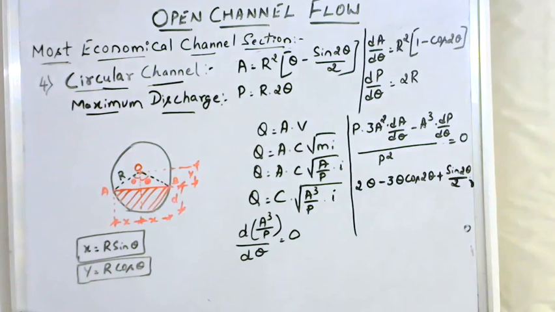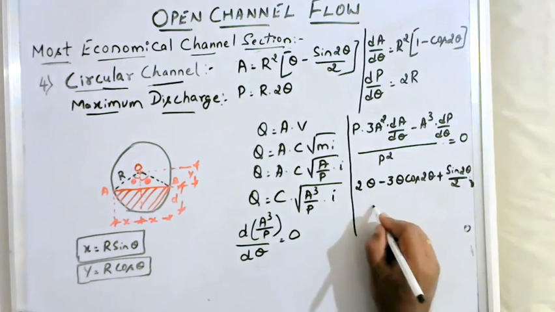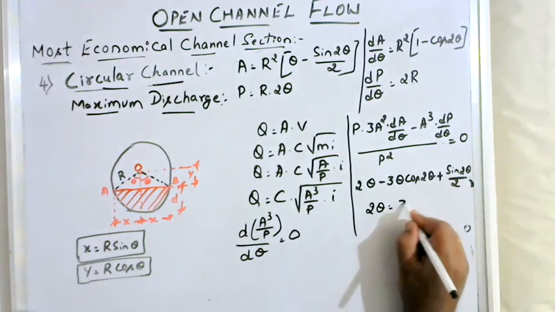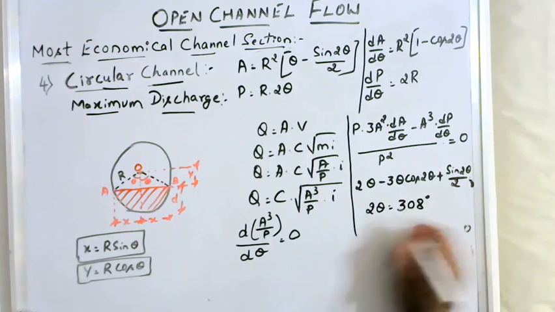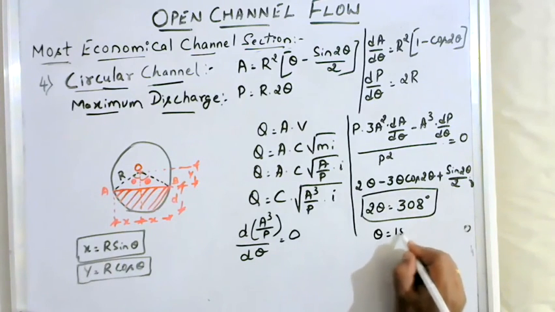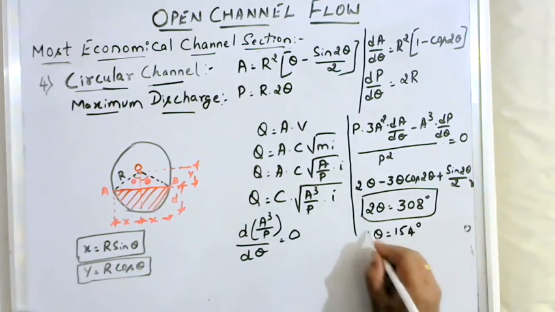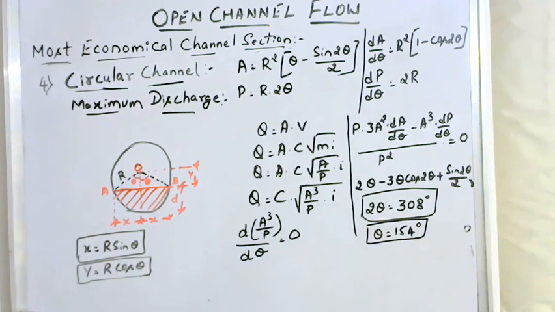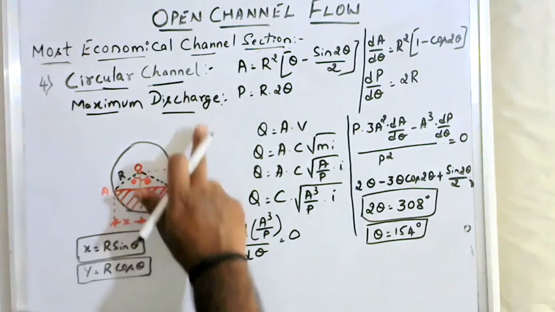By the trial and error procedure, if you keep on substituting a value of theta and simplify, you will get the value of 2 theta as 308 degree. Therefore, theta works out to be 154 degree. So with theta of 154 degree, you get the most economical circular channel for maximum discharge.